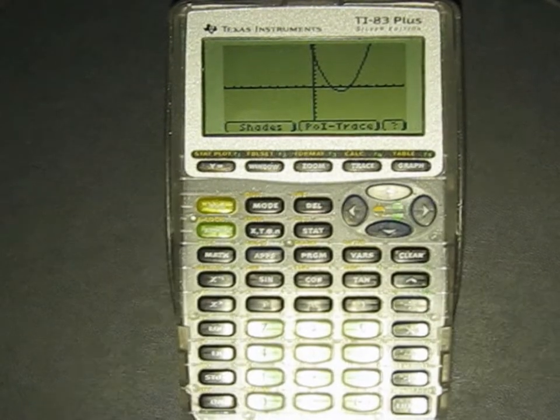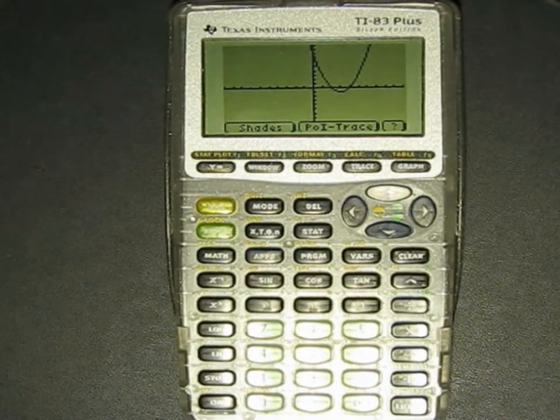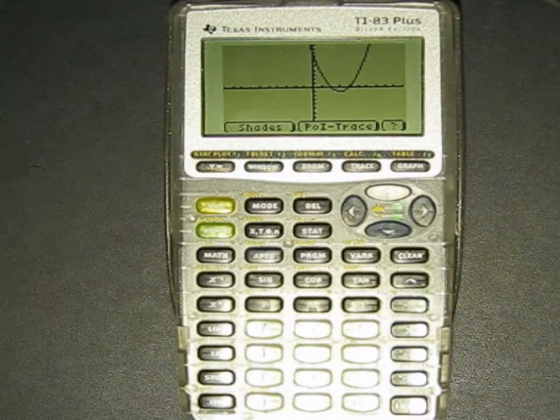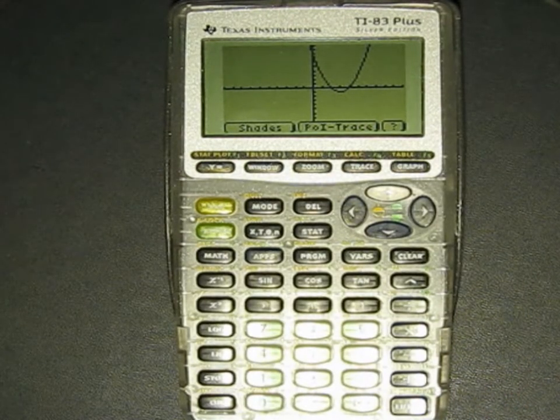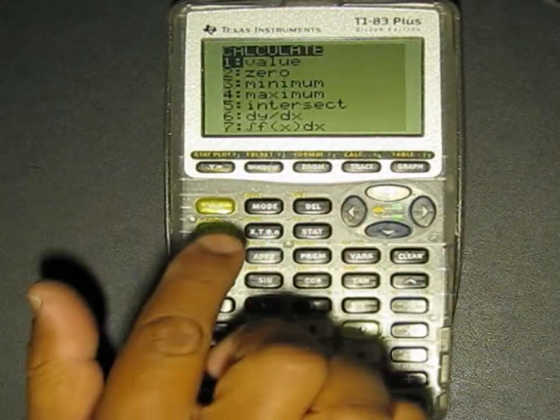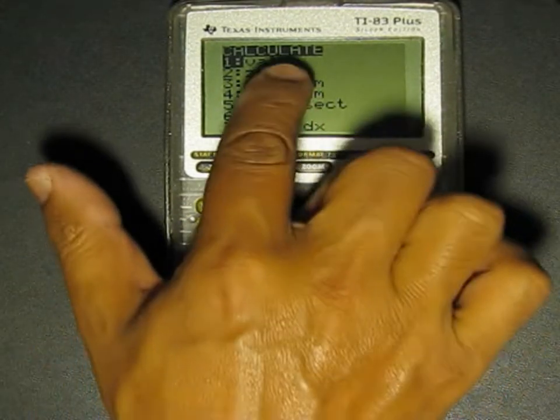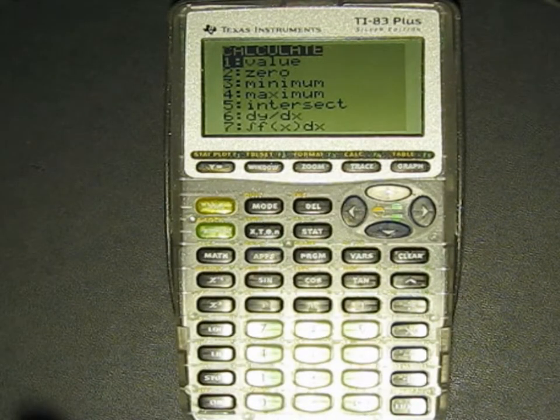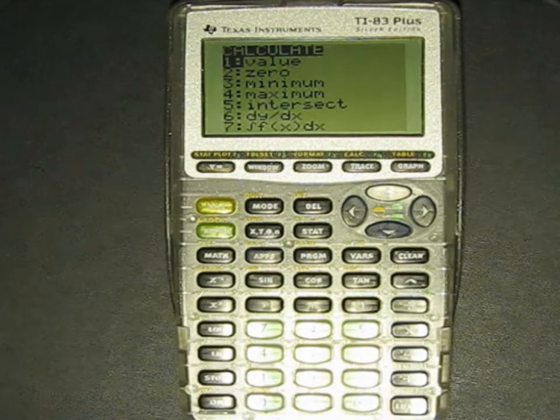Here's our parabola. We can also use the calculator to find the vertex, which we found before using algebra. We can find it on the calculator by going second trace. And all these functions come up which we can use. Remember, we're looking for the minimum at the bottom of the parabola.